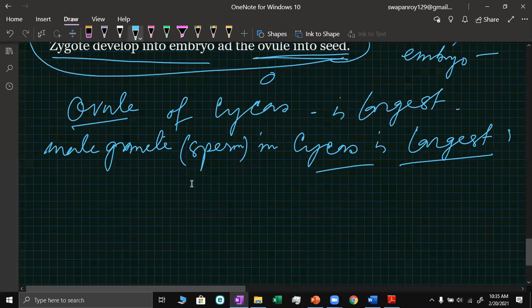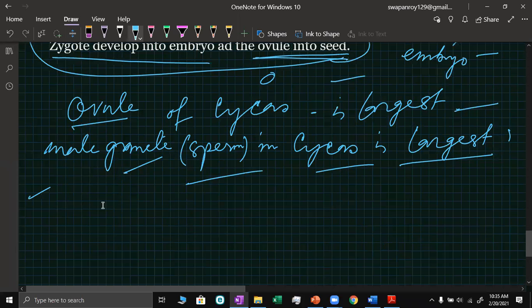So the ovule forms the seed, and as there is no ovary, there is no fruit formation.